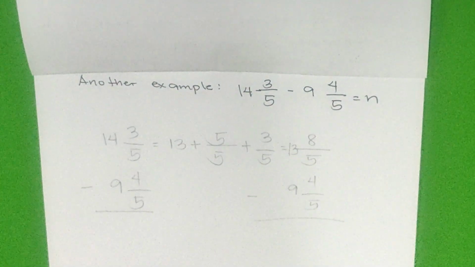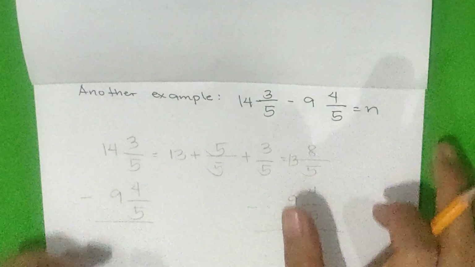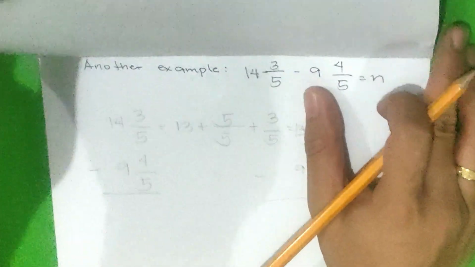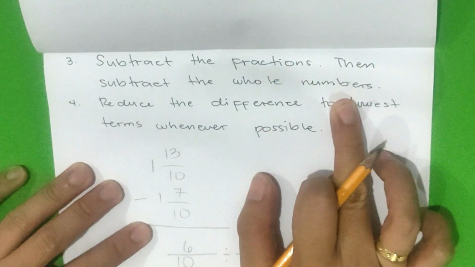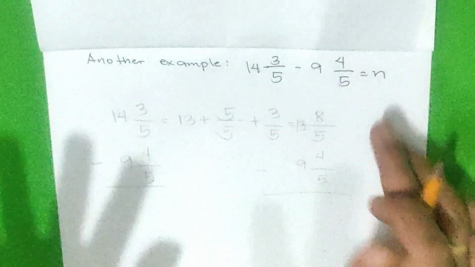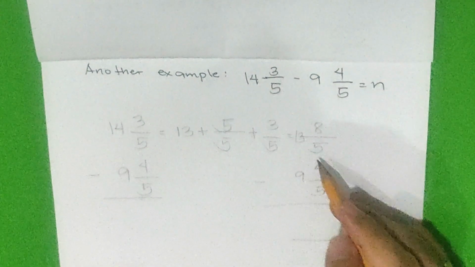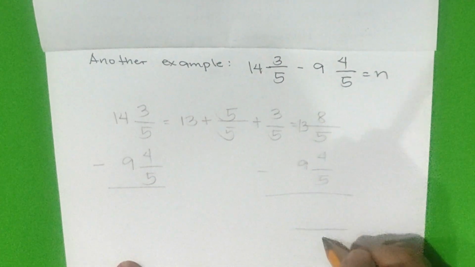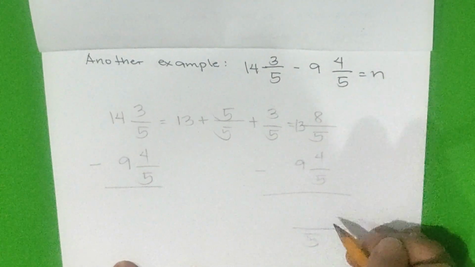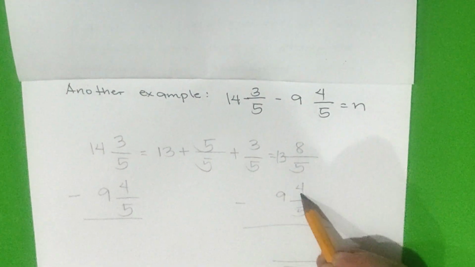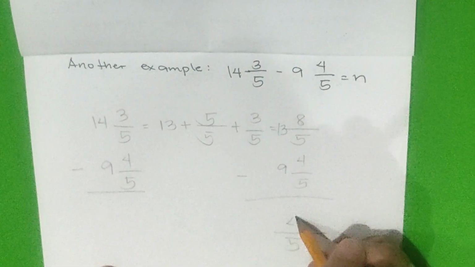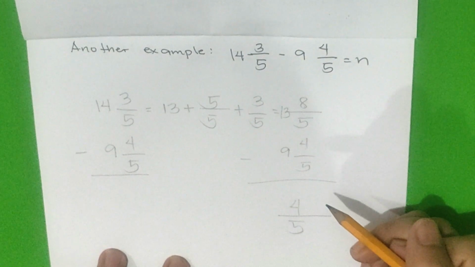So, the third step is to subtract the fractions and then subtract the whole numbers. Since our set of fractions are already similar fractions, let's just copy the denominator 5 and subtract 8 and 4. The answer is 4.